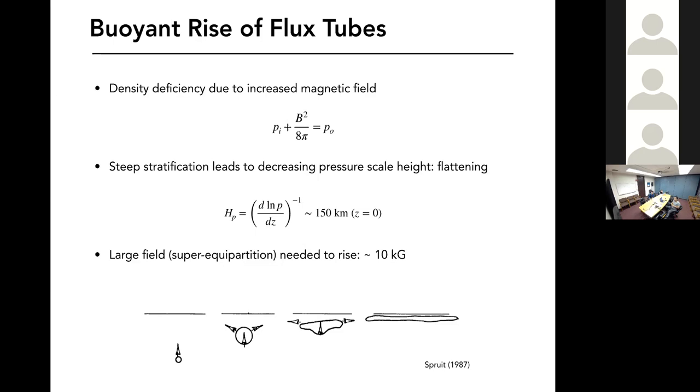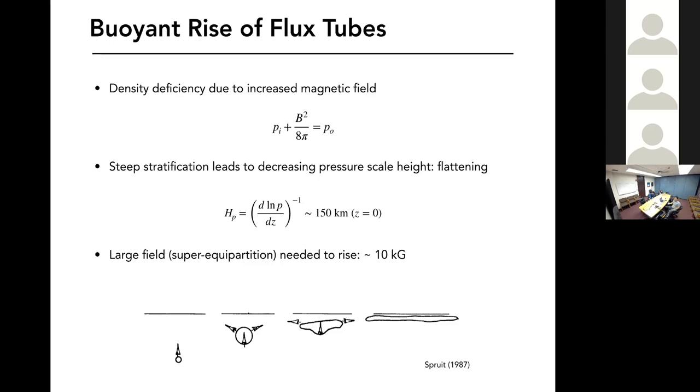The other point is that because the convection energy is generally larger, the plasma beta is bigger than 1. Of course, it's plasma dominating the convection zone. If you compare the magnetic field energy and the convection energy, you will need a very strong field to have comparable energy to the convection kinetic energy.